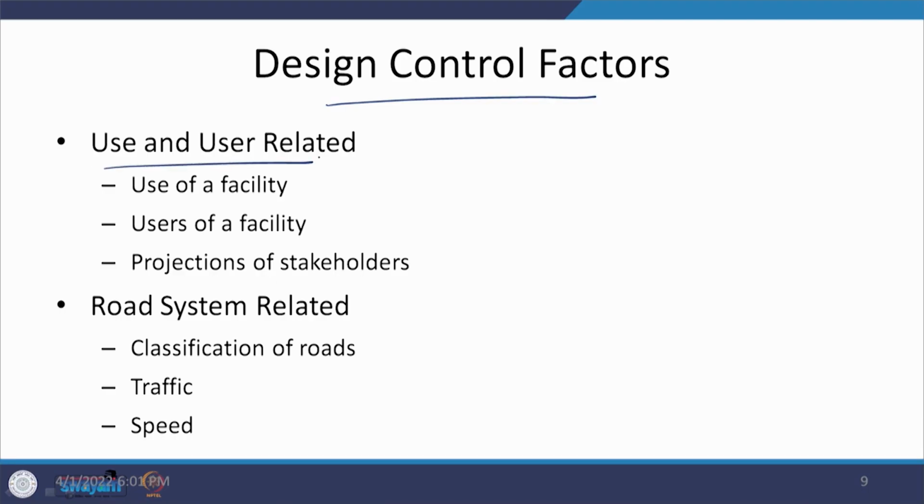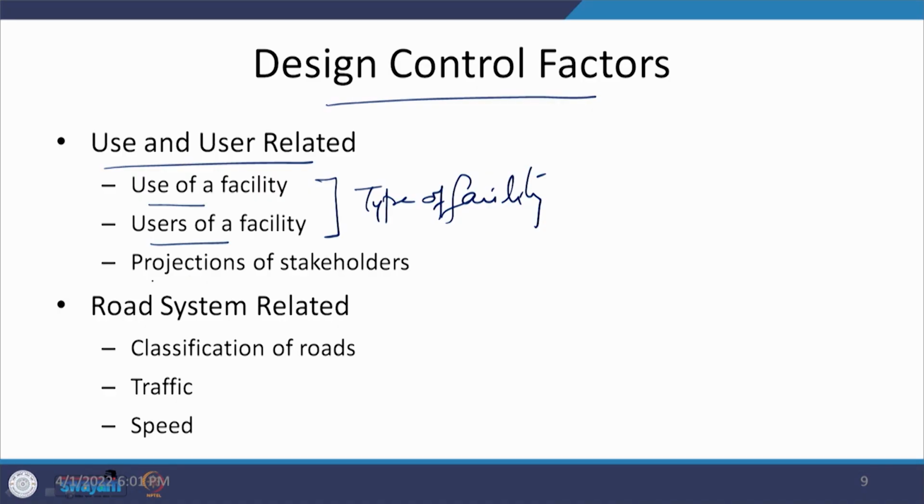The first categorization which is being done is use and user related factors, where we will be talking about what can be the various types of uses, who can be the users of those facilities, and when we combine them, what can be the type of facility which needs to be provided in a particular area. Is it going to be a mixed use? Is it going to be an exclusive use? Is it going to be a segregated one? Is it going to be a separated one? What exactly is that? That is what we are going to talk about there.